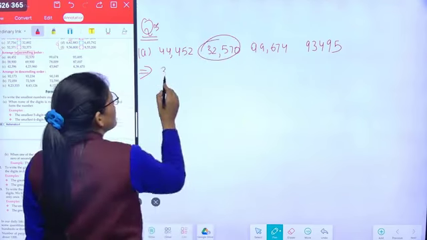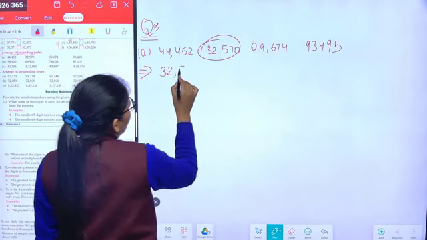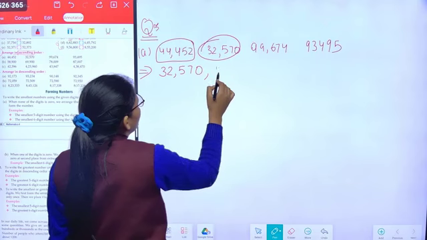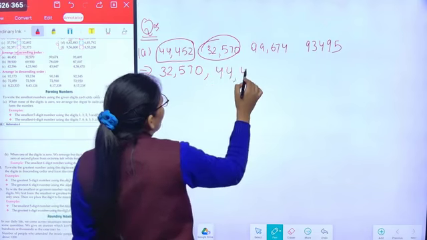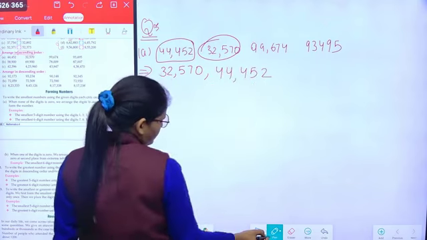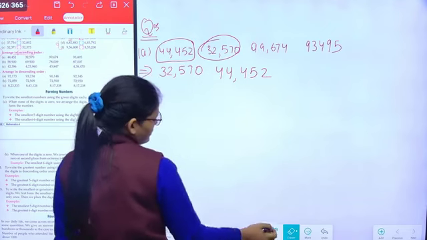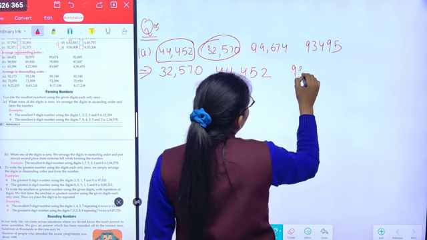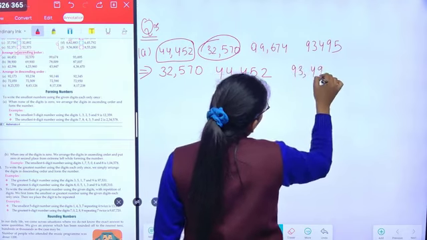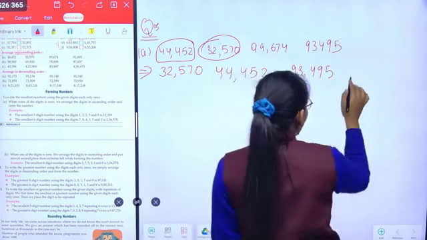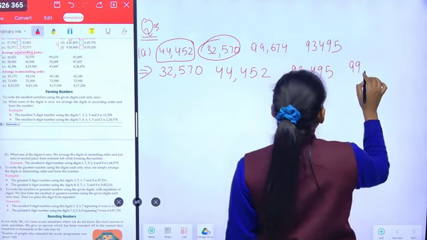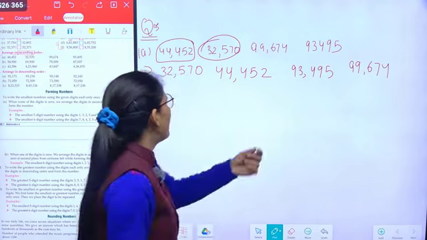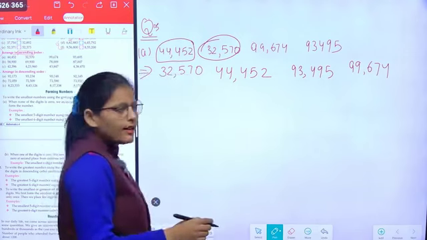Now smallest number is 32,570. Now this is 44,452. Now 93,495 and then 99,674. Smallest to biggest. Understand, class?